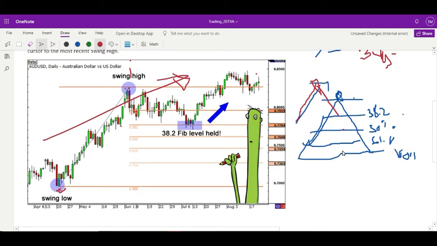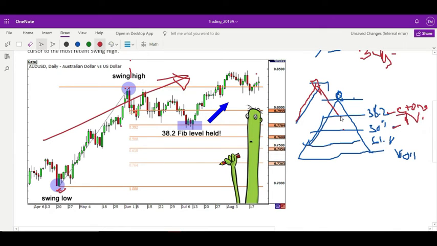So what are we saying? The first one, this 38.2, shows that the market is in a strong trend, uptrend or whatever. The 38 is a normal trend.